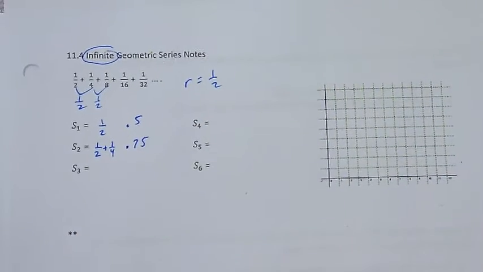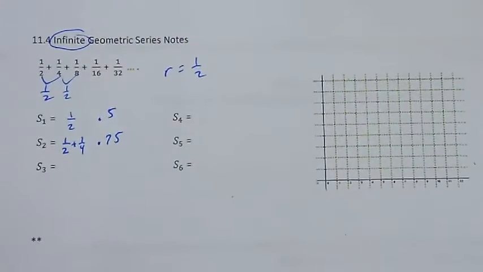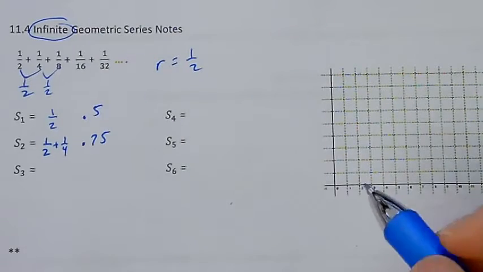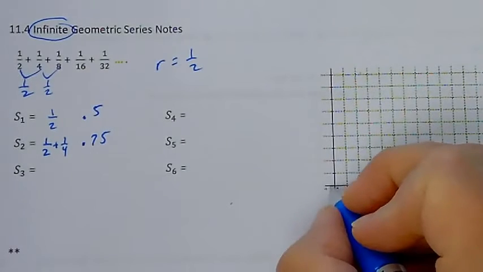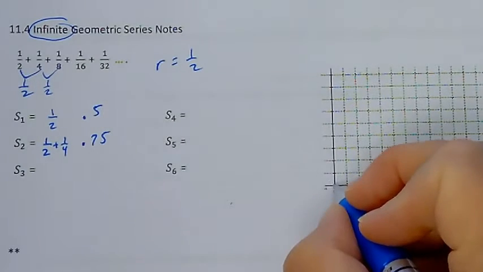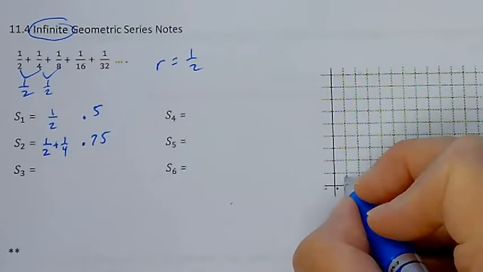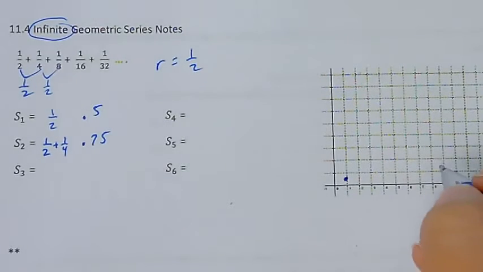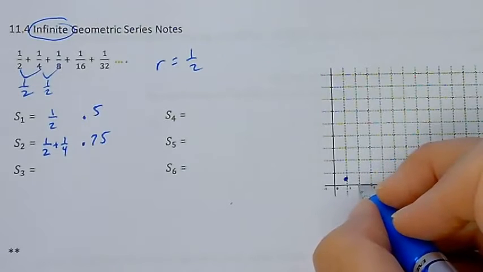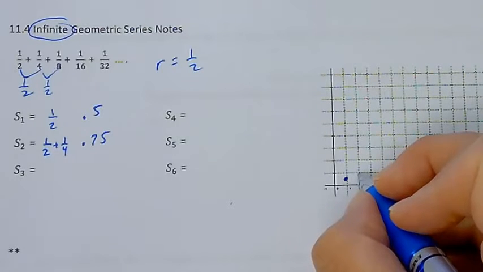So as we're writing these, let's put them on the graph. Let's see if I can make this a little bigger. I'm going to make this the term number, and this is the sum of the terms. At the first term, we're at a half. When we add the first two terms together, we're at 0.75.